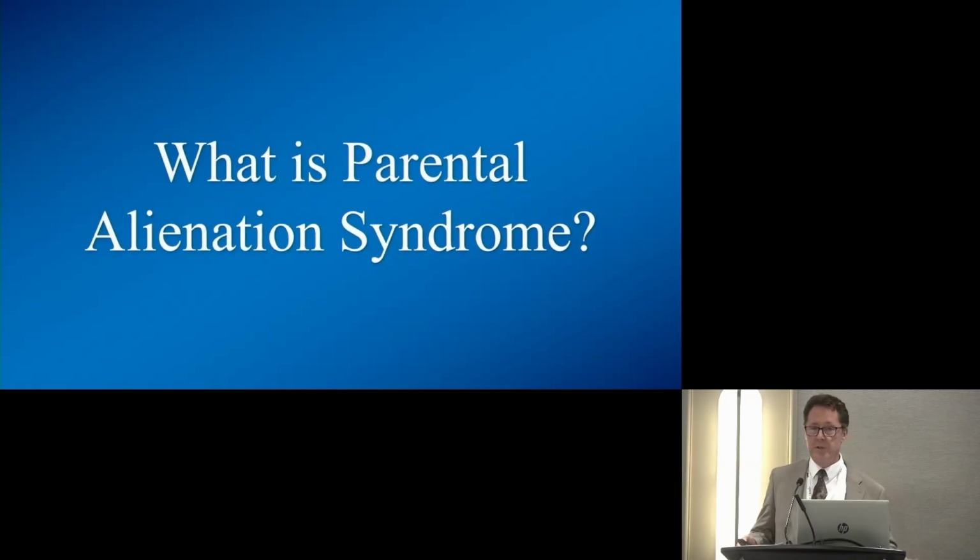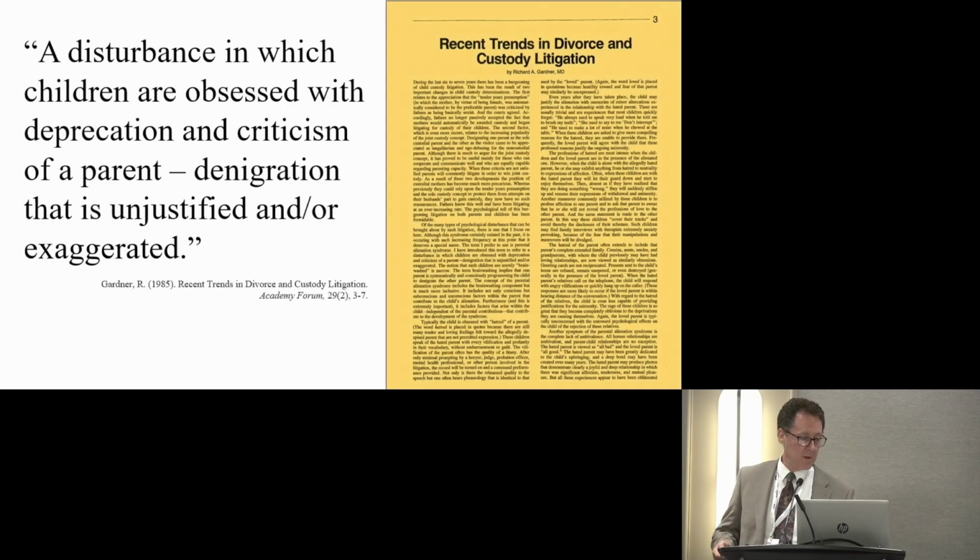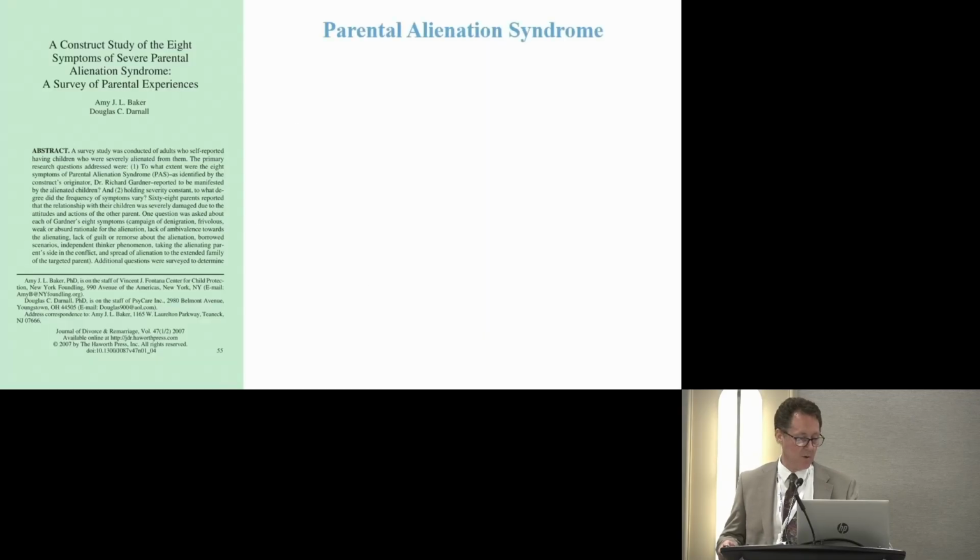Now, what is parental alienation syndrome? Dr. Gardner said, quote, parental alienation syndrome is a disturbance in which children are obsessed with deprecation and criticism of a parent, denigration that's unjustified and or exaggerated, unquote.